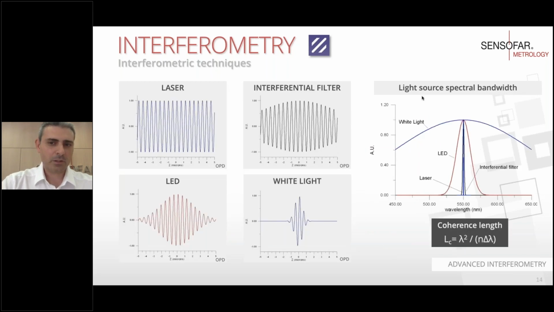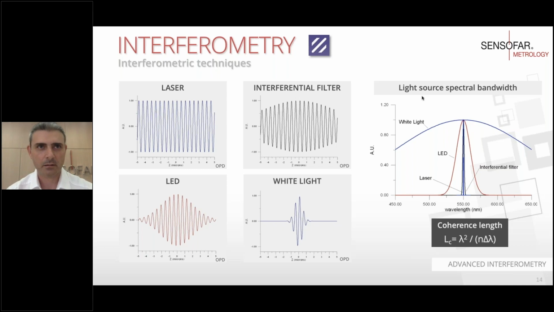Okay, the coherence length is a property of how long we can separate the two beams and still have contrast with interferometry. And this is directly related to the bandwidth of the light source. In that case, we see the laser has a very, very narrow bandwidth.